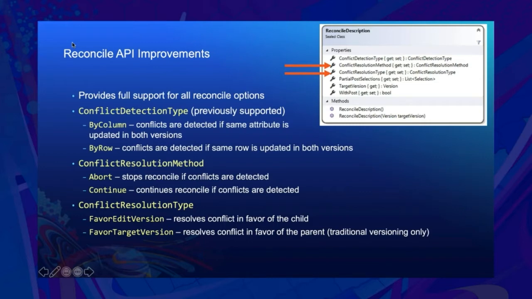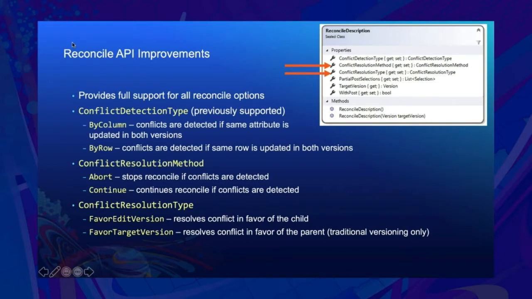So with by row, any edit to a feature, if that same feature is edited in the parent and the child, that will generate a conflict. And by column, it's only a conflict if the same attribute, the same column, is edited in the same row in both of those versions.